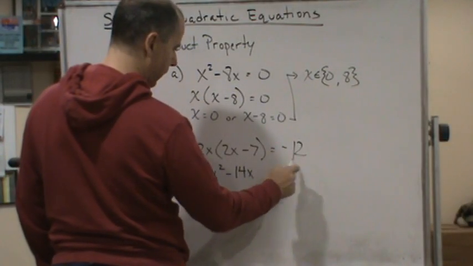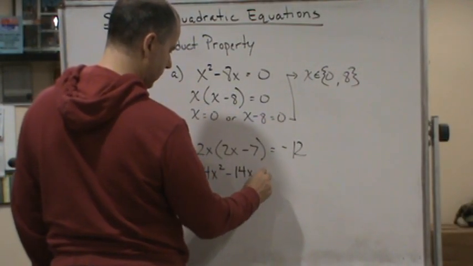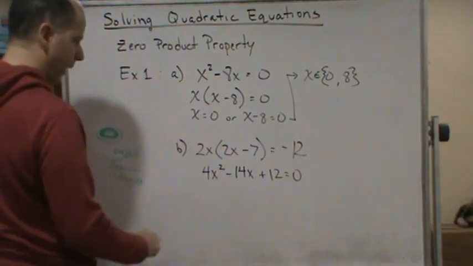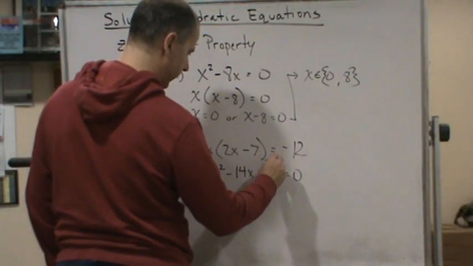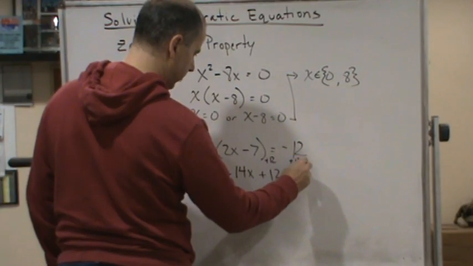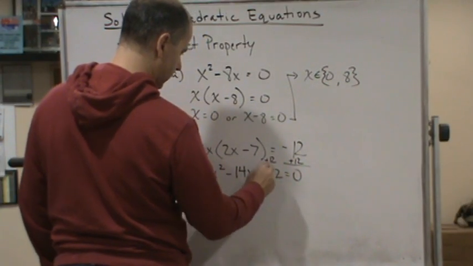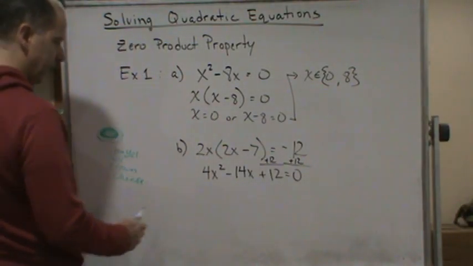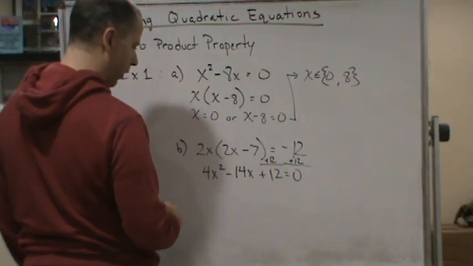And then I'm going to add 12 to both sides. So if I add 12 here and add 12 here, this goes to 0 and I get 12 over on this side, right? Now it's in quadratic form.